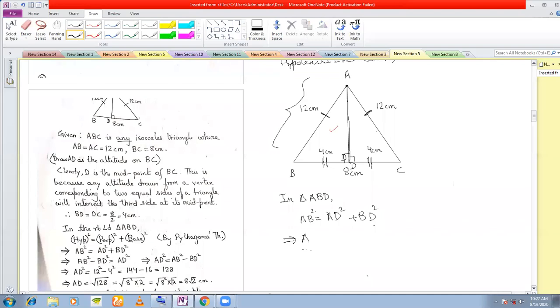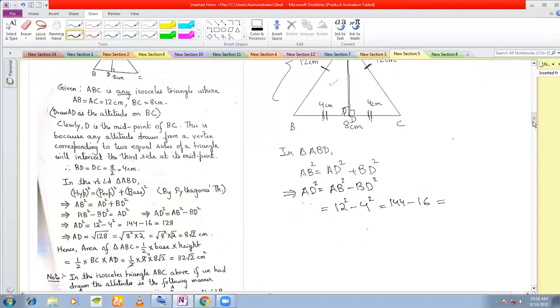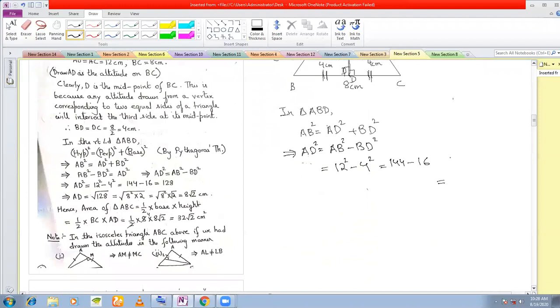So AD square is equal to AB square minus BD square. AB is 12 centimeters and BD is 4. So this is 144 minus 16, which is 128.